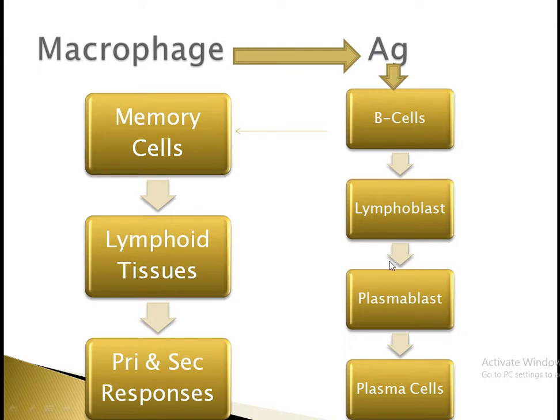This is the main reaction, while some of these cells remain as such, circulate and come to the lymphoid tissue for the later response. Because of this we have the primary response followed by the secondary response.